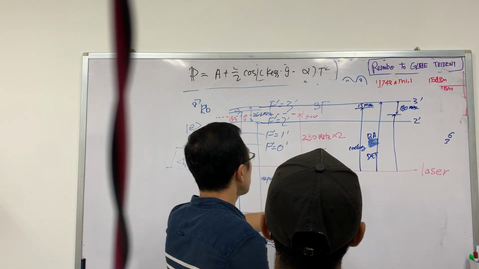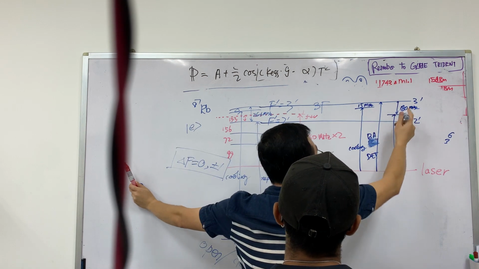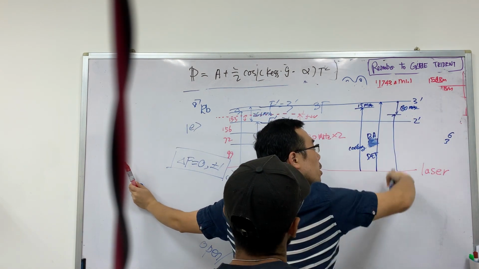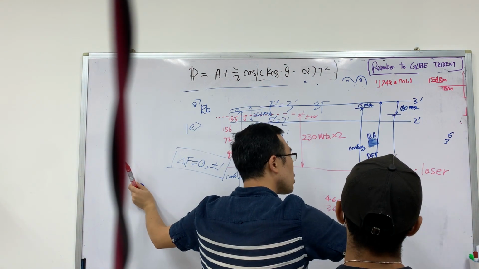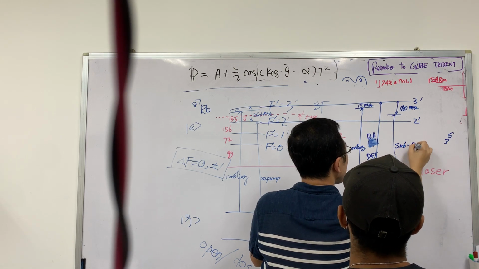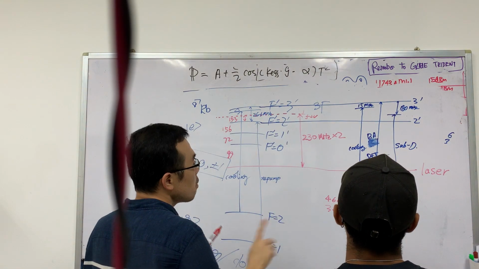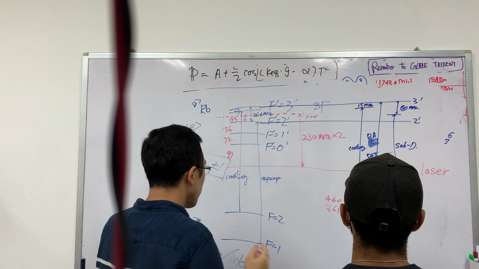Then how much do we need to shift? It is this plus this minus 180. And always remember 599 divide by 2. Always remember to divide by 2 because we do that. Okay, this is subdoppler. 614 minus 180. Finish.